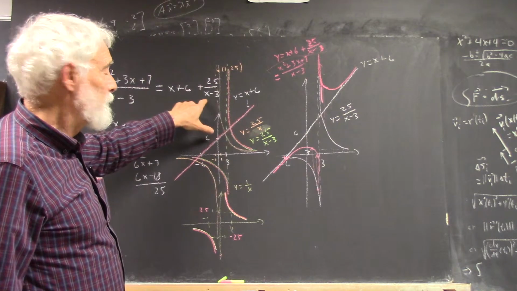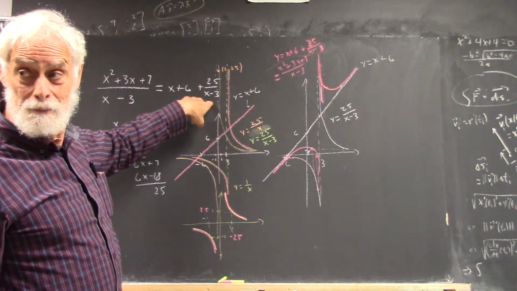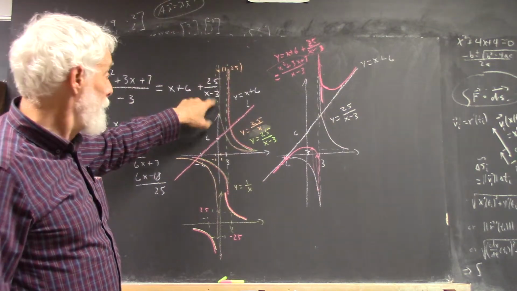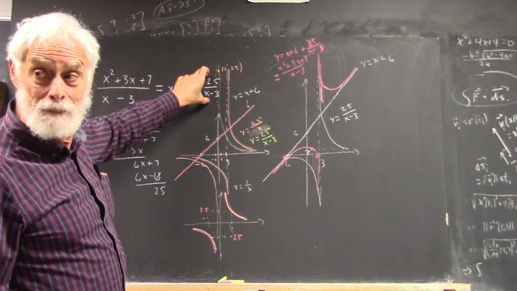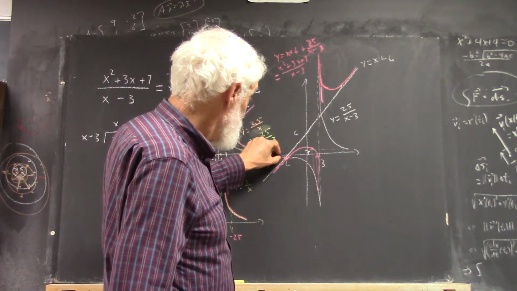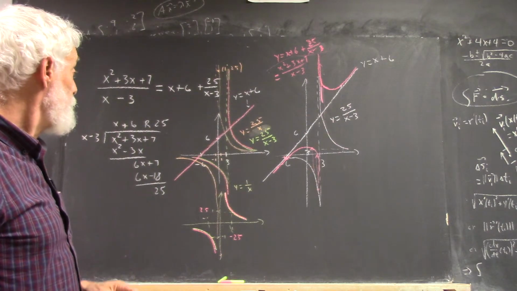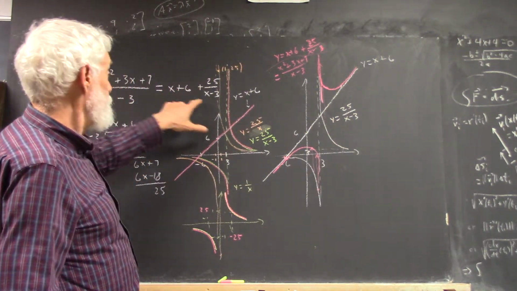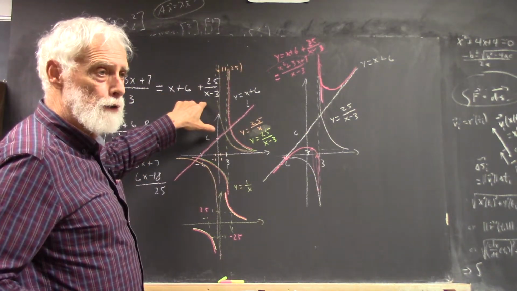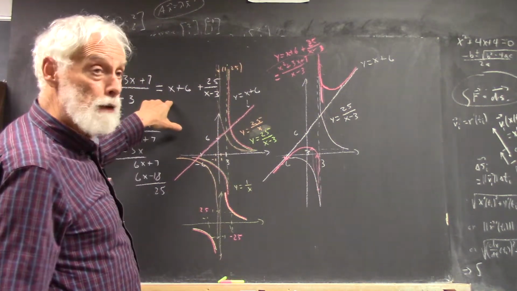But when x is far from 3, this denominator is big, making this small. That's why it got small out here. That's why it gets small over here. So when I add this to this, if x isn't reasonably close to 3, I'm not adding much, so I'm going to be very close to this.